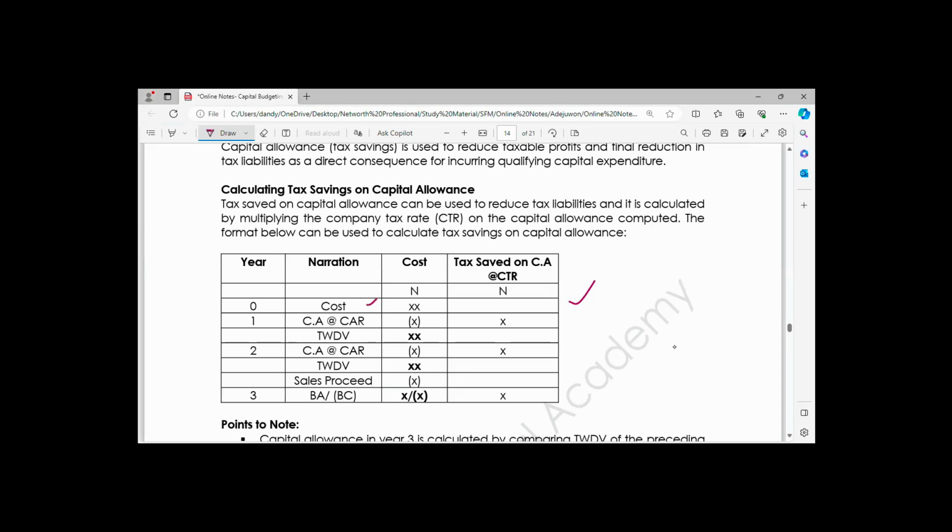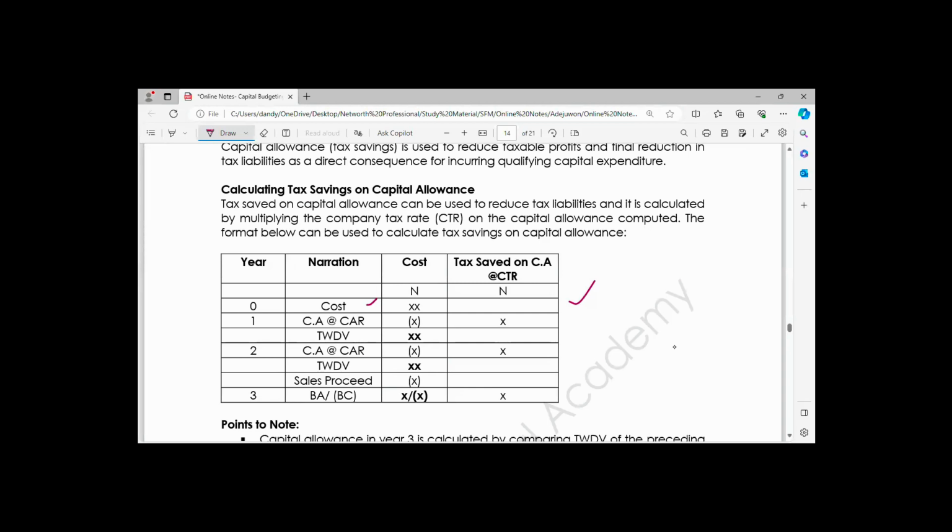At times, you have to watch out. The examiner might give you a second-hand asset. When you are given a second-hand asset, you can't claim capital allowance on it, because the original owner must have been claiming the capital allowance. And that's why we said that capital allowance is claimed on a qualifying capital expenditure.